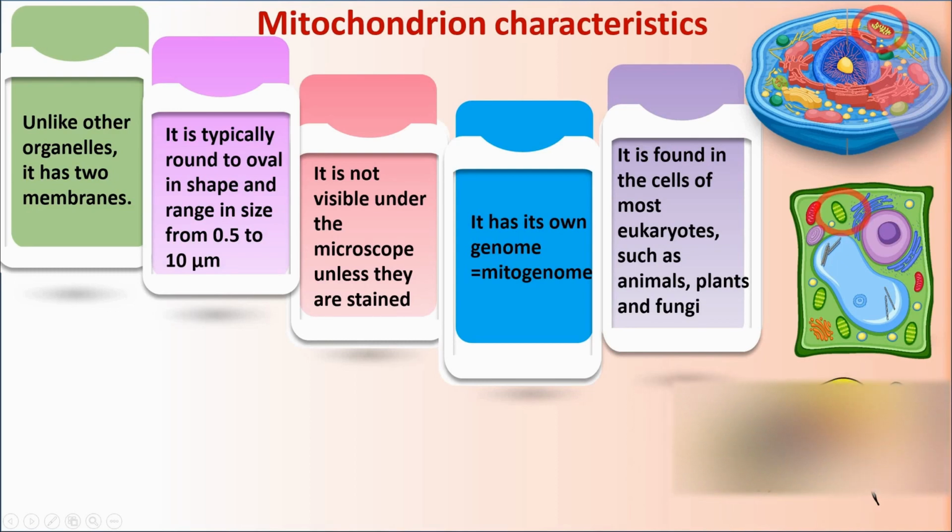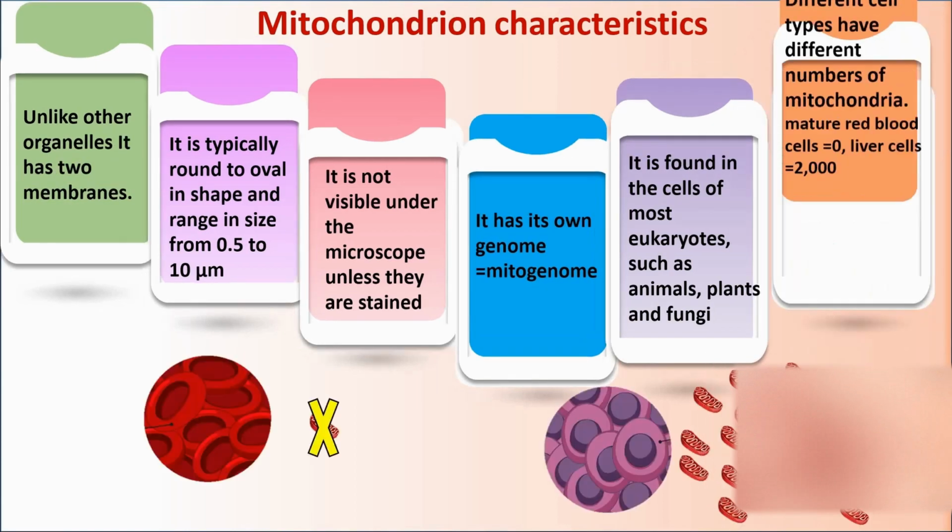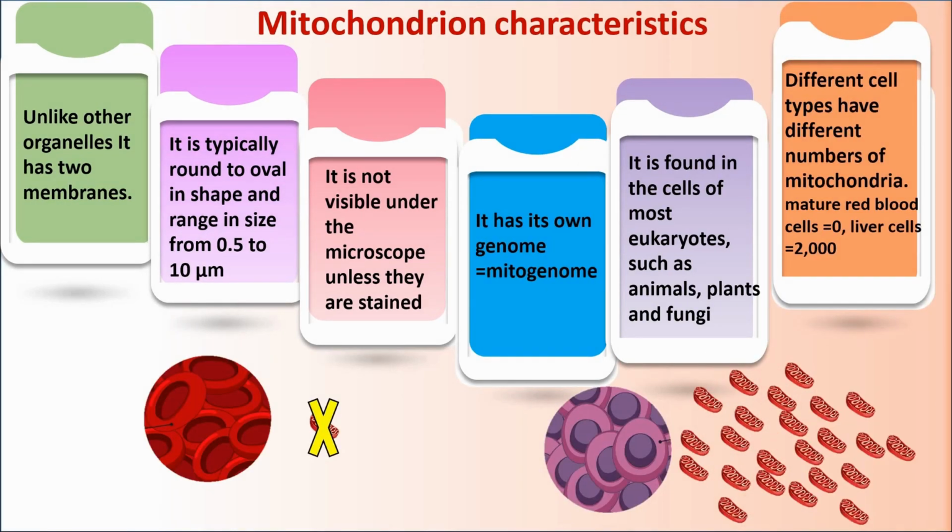It's found in the cells of most eukaryotes, such as animals, plants, and fungi. Different cell types have different numbers of mitochondria. For example, mature red blood cells do not have any, but liver cells have 2000 mitochondria.